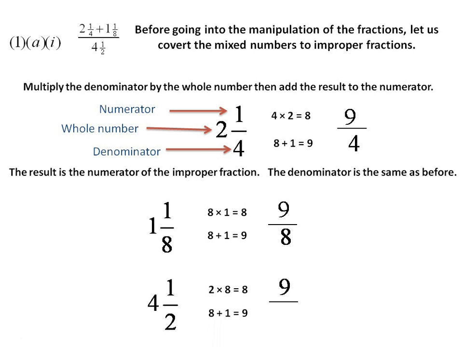The 9 that we have calculated is the numerator of the improper fraction, and the denominator will be as it was before, 2. Well, it is quite remarkable that we have 9 over 4, 9 over 8, 9 over 2. But is that the information of greatest significance that we are paying attention to?